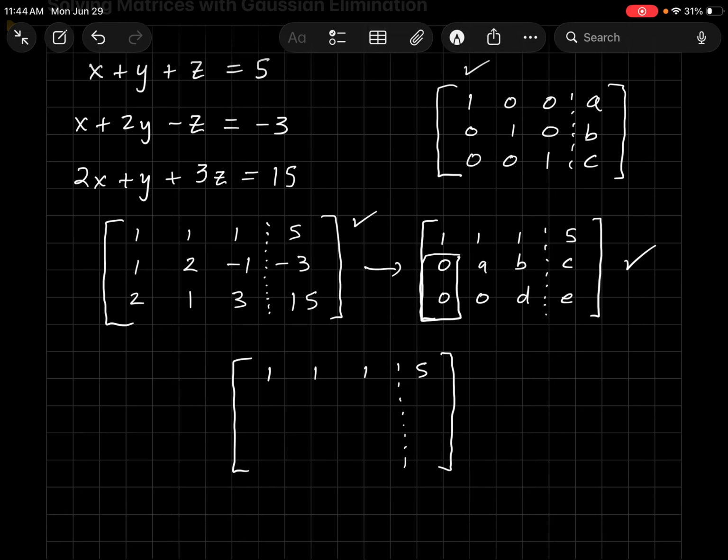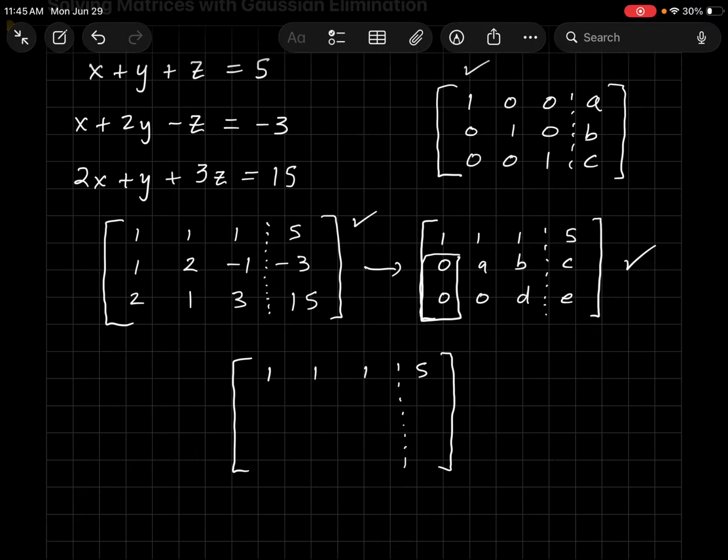Now, we are allowed to do 3 things, and 3 things in combination. I can switch the order of the rows if I want to. I don't want to here. I can multiply a row by a constant, and I can add 2 rows together and place it in a different row, like add row 1 and 2 and place it into row 2.